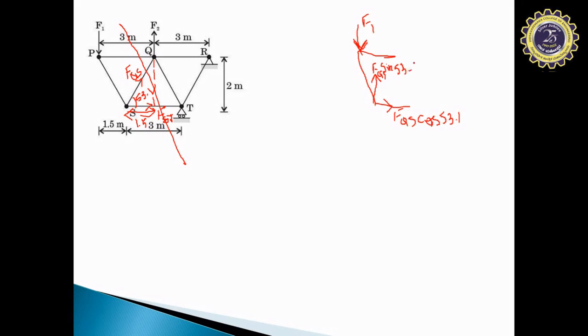Since you have one force, we need to find FQS. Since we don't have any horizontal forces here, we cannot make use of the horizontal resolved force. So if we apply sigma V equal to 0 to this particular portion, can we easily find out the force FQS? Yes, since we have two vertical forces, which is F1, which is acting downwards, and FQS sin 53.1 degrees acting upwards.